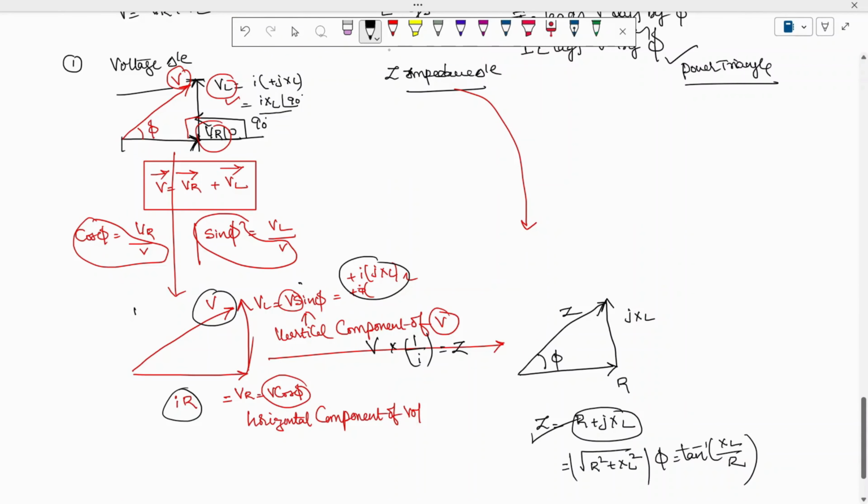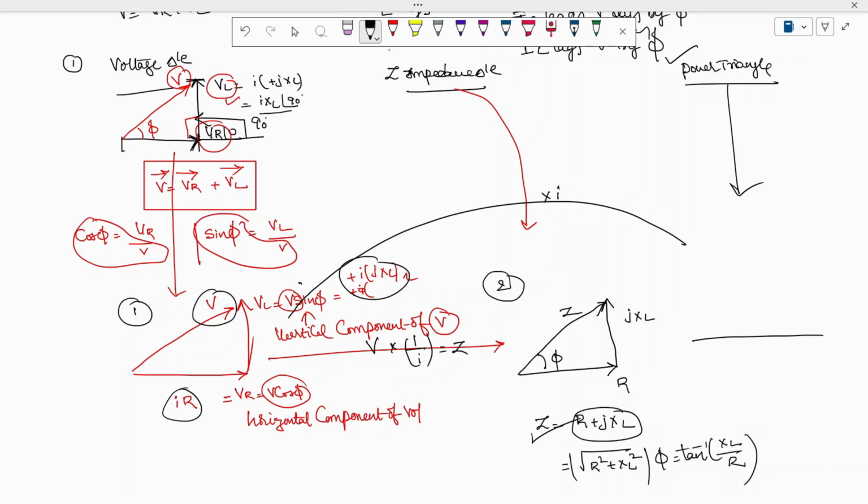So this is the voltage triangle, this is the impedance triangle, and multiply this voltage triangle with current, then you are going to get the concept of the power triangle. So voltage into current, I can write this as VI cos phi, the horizontal component, where this power is called active power, represented with the symbol P, and this power is also called real power.